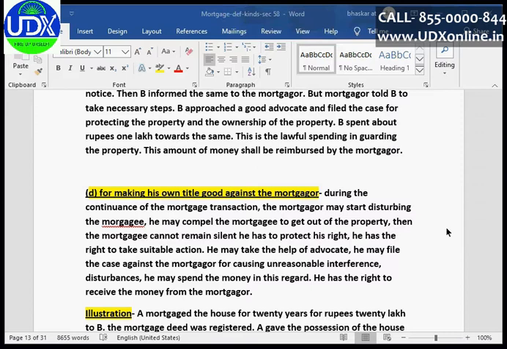Sir, as per section 67, a mortgagee can seek help from the court to get his money back, if I'm not wrong. Very good. Right to foreclosure or sale, 67. Okay, good.